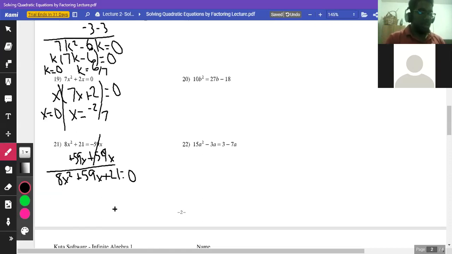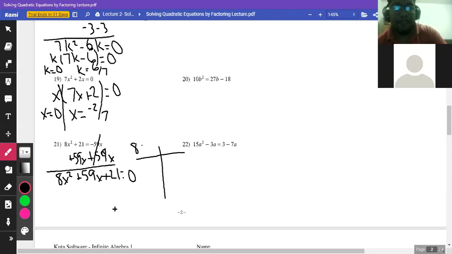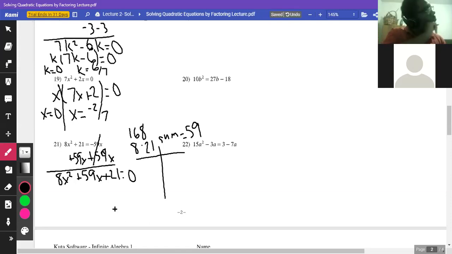Multiply to be 168, add to be 59. Oh, it ends up being 3 and 56.